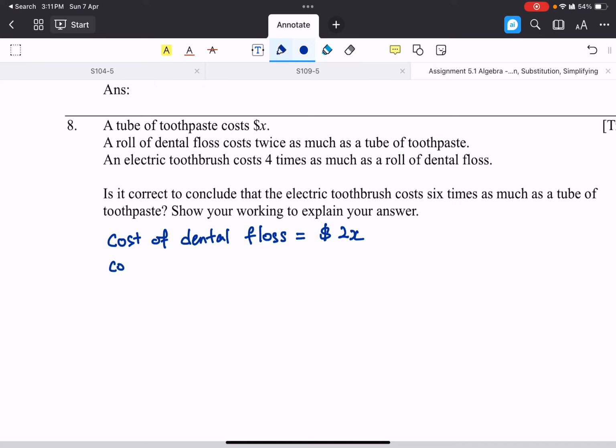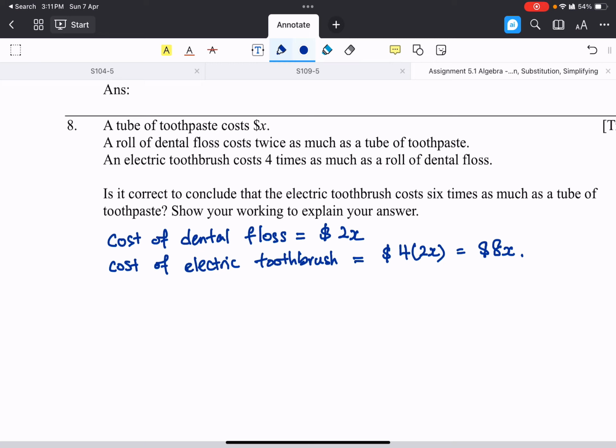It is going to be 4 times 2X, which will result in 8X.